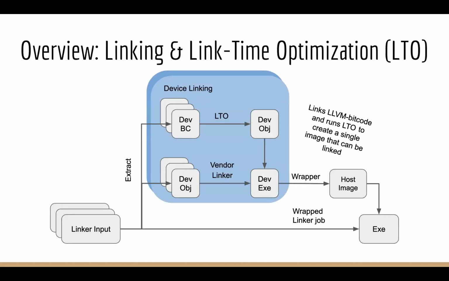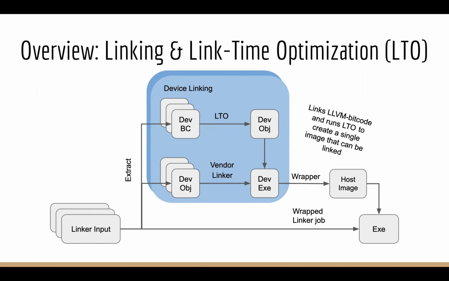So next slide, please. This is a very high-level overview of the linker wrapper I mentioned previously and how it supports link time optimization. As mentioned previously, the linker wrapper essentially wraps over the normal linker job that the compiler would have run, except now we take all of our linker input, we scan it for objects inside of that .llvm.offloading section and extract them. Then we will see if it is a device bit code for some sub-architecture or a device object for some sub-architecture.